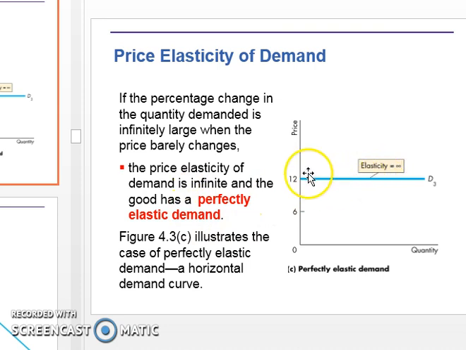It means if we measure Q2 minus Q1 here, P2 minus P1 would always be 0, as there is no change in price. So when we divide something by 0, it becomes infinite. So this case is called perfectly elastic.